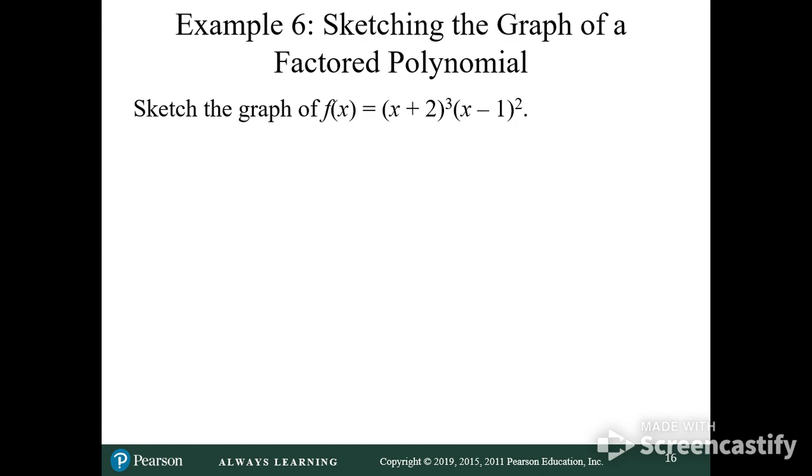I'll talk about multiplicity here. I skipped over those 2 pages because it's complicated how they talk about it. Look at the powers. That is your multiplicity.